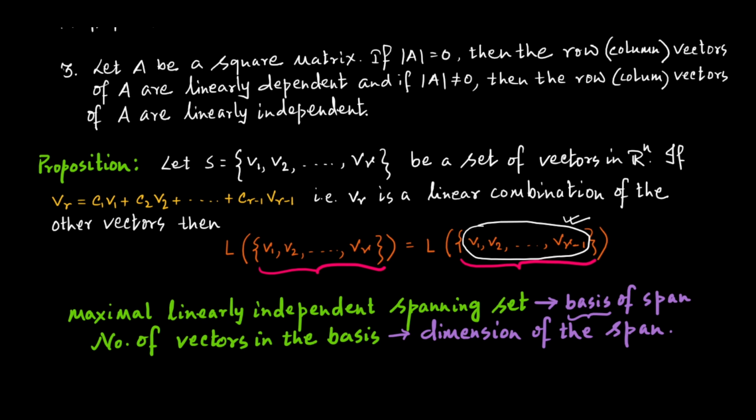If it is, then the basis of that linear span will be that set of r minus 2 vectors, and the dimension will be r minus 2. And I have used the word maximal, not maximum, because such a spanning set may not be unique.